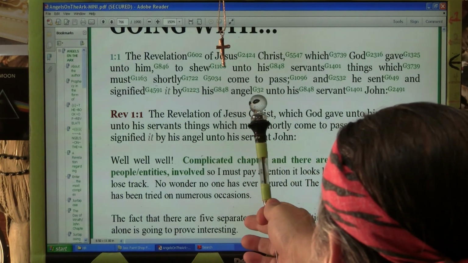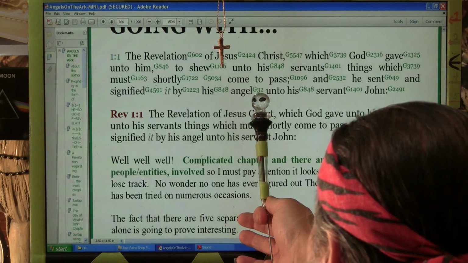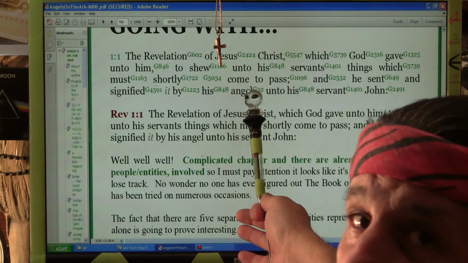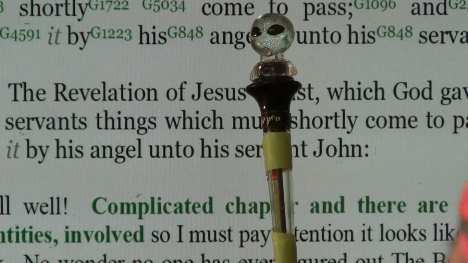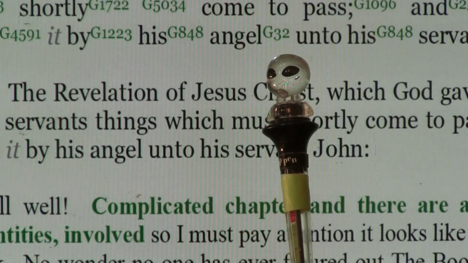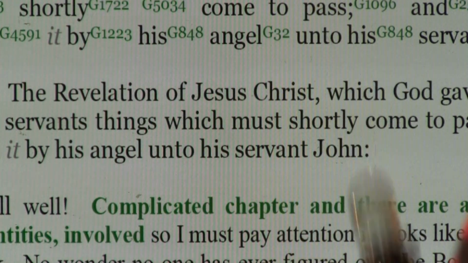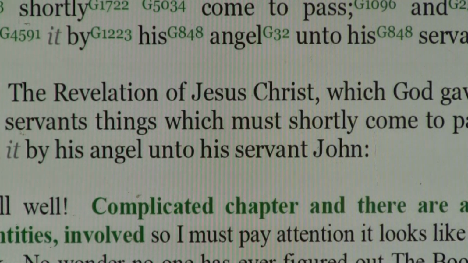For instance, this word angel has the number G32 next to it. So when you highlight it by putting the cursor over this word, when you are in eSword, I'll show you that by going to my start menu.